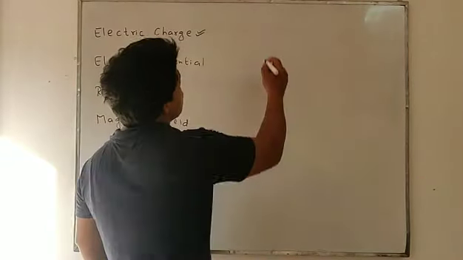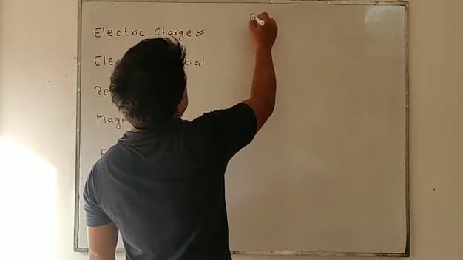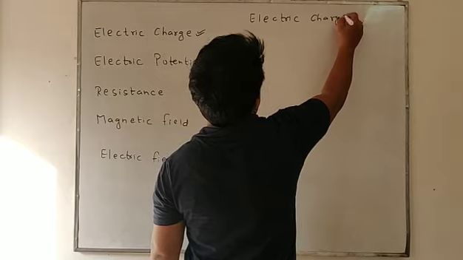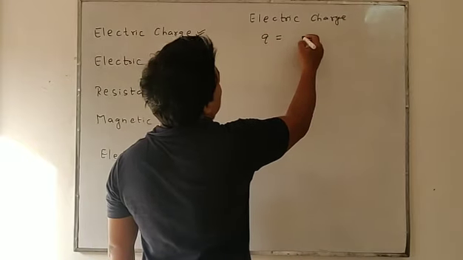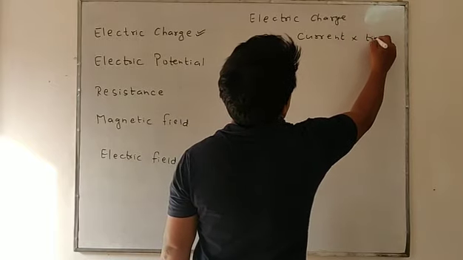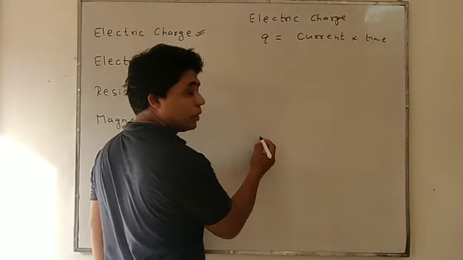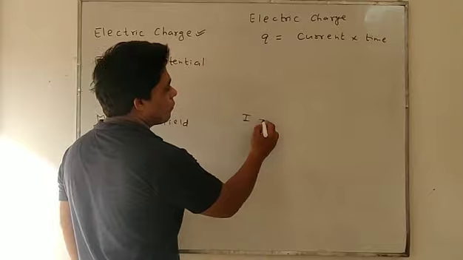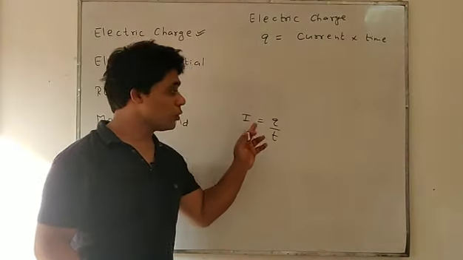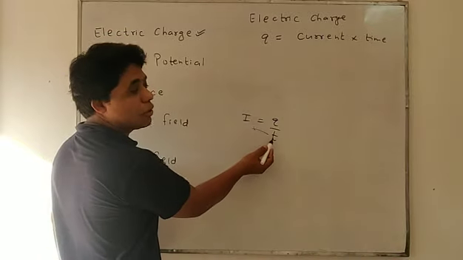Having formula, electric charge Q equals current into time. In the 10th class, I equals Q by T. The rate of flow of charge is called current. So charge comes as current into time.